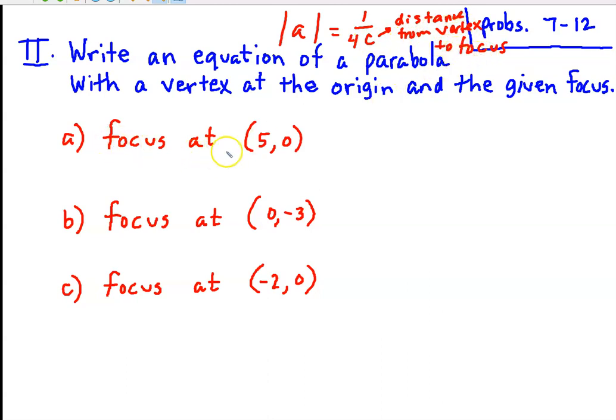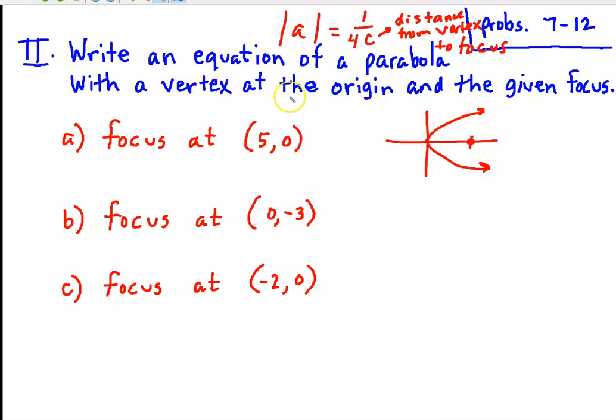So what I'm told here in letter A is that the focus is at the point 5, 0. Well, first of all, 5, 0 is on the positive x-axis. And knowing that parabolas have to open up around the focus, this has to be a parabola that opens to the right.